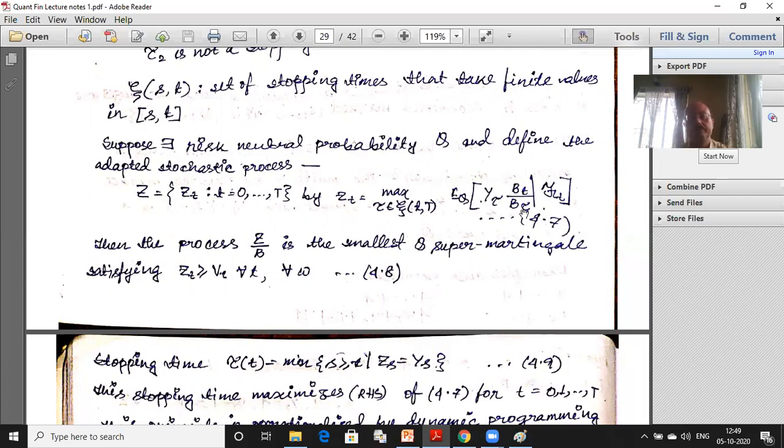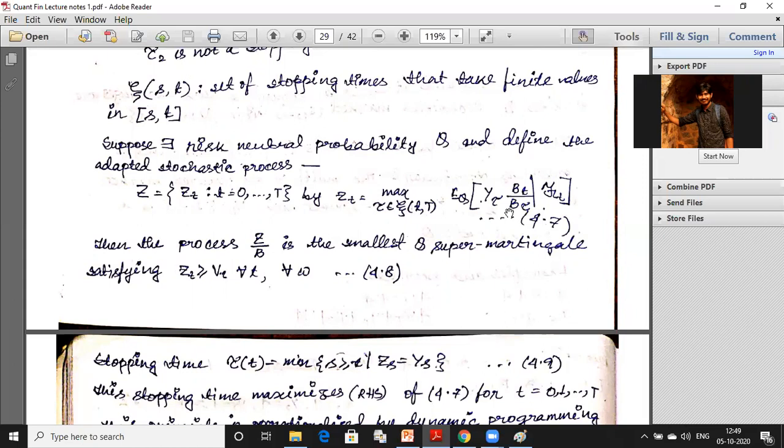Is this clear? It's a slightly convoluted way of writing it, but because we are doing the accounting at time t, all calculations must be done as on time t. So even if the value will happen later at time tau, I want its current value. So the current value is calculated like this. Is this clear?